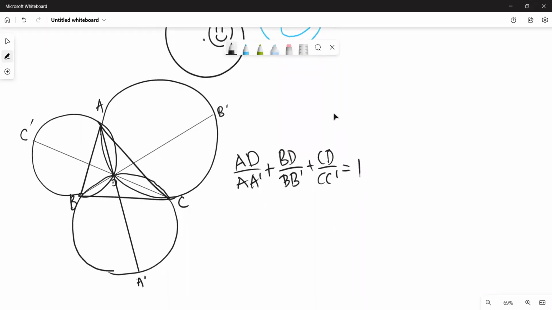So I'll give you guys 20 minutes to try this problem, and we will return at 3:01. Good luck. You can ask any questions in the meantime, and I'll try to answer.